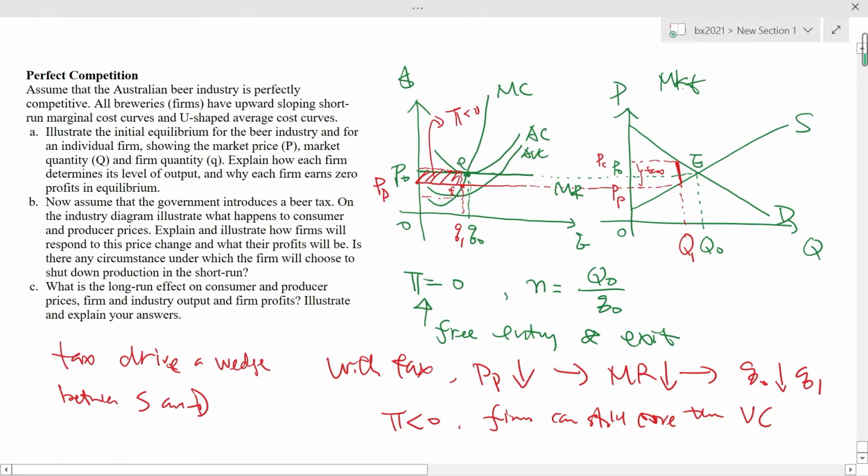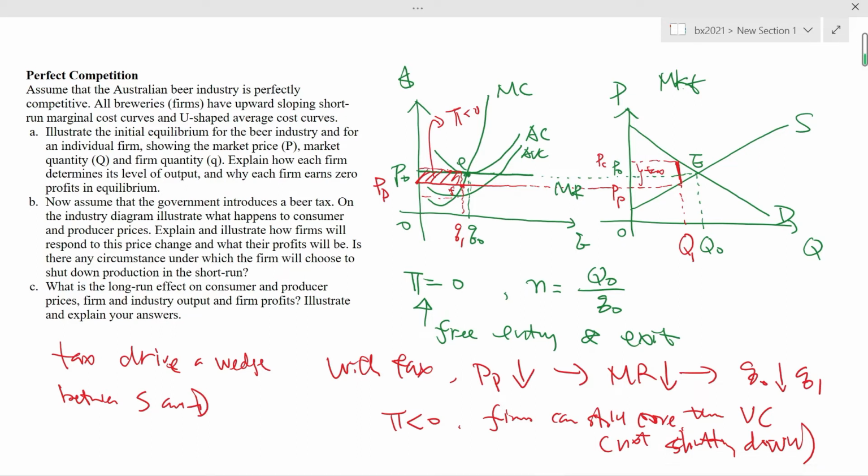So in such cases, firms will not shut down. Okay, if the producer price drops to be very low, such that a firm's revenue cannot cover the variable cost, then they will shut down.